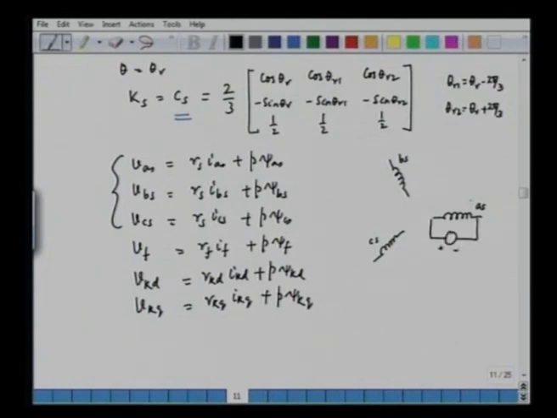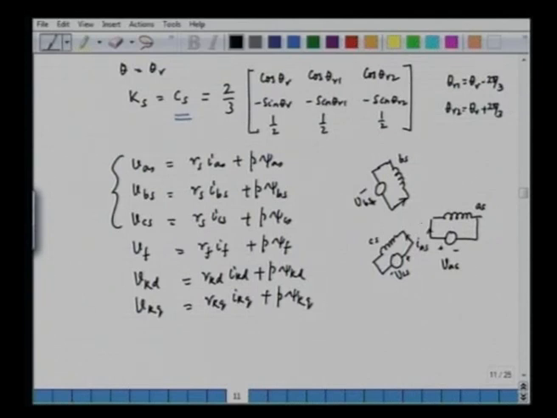For example, in phase A we have VAS and this is IAS. Similarly, we have the voltage applied to phase B and similarly to phase C. And we have the currents in phase B and phase C.